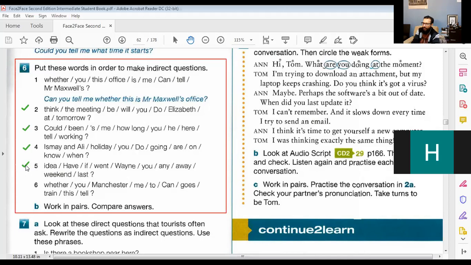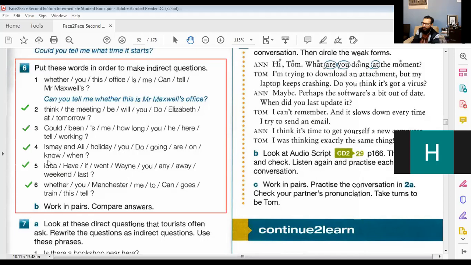Okay. Hajar, what about number 6? Can you tell me whether this train goes to Manchester? That's it.